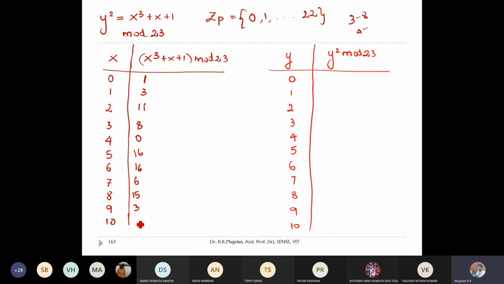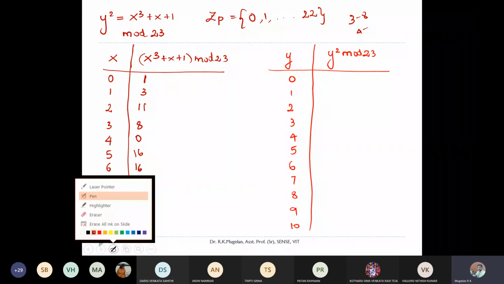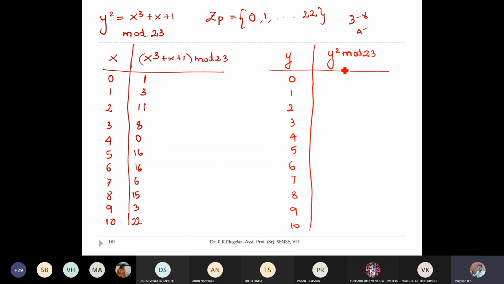We're getting 22. Right. Similarly, if I go towards the y coordinate side, I substitute y equal to 0, 0. For 1, 1. For 2, 2 square is 4. For 3 square 9, 4 square 16, 5 square 25, mod 23, will be getting 2.